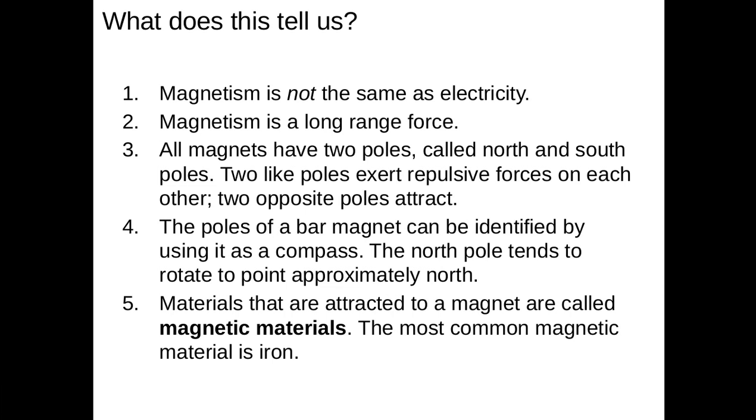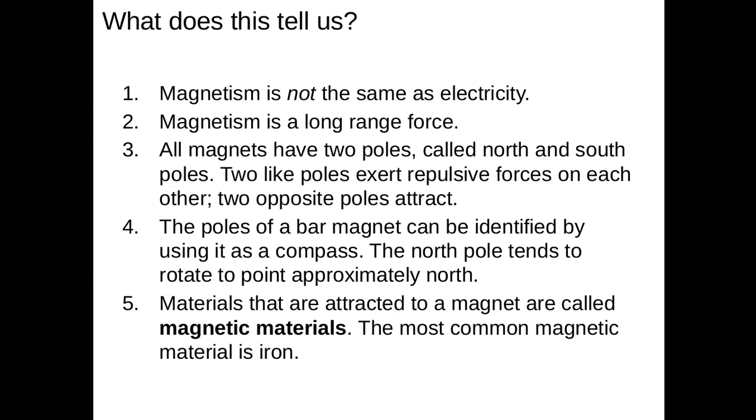So we can use a compass not only to find the direction of the north and south pole of the planet, but also to detect the direction of any magnetic field. If I brought a compass close to a magnet, the needle would align with the magnetic field of that magnet, because it's much stronger the closer you are to it.